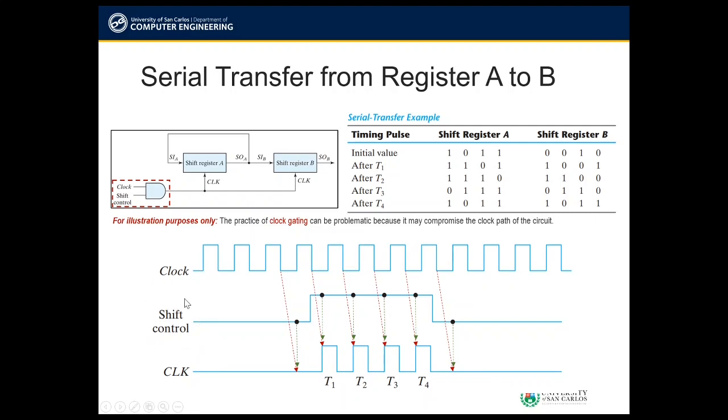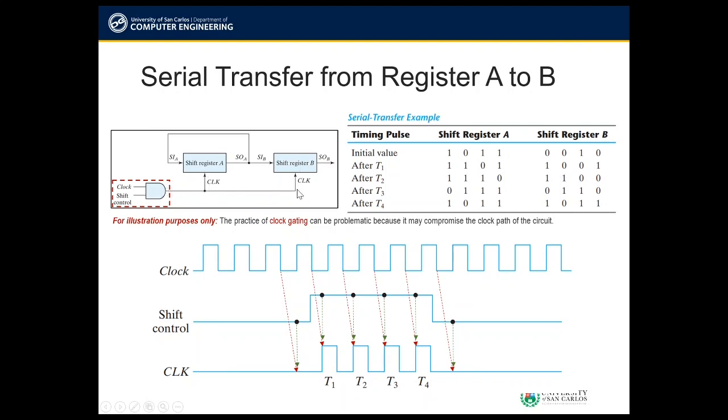The shift control is coming from a control unit or a controller that would determine how many times the shift register needs to shift. In this case, since we are considering 4 bits each, the controller would only allow the shift register to shift 4 times.